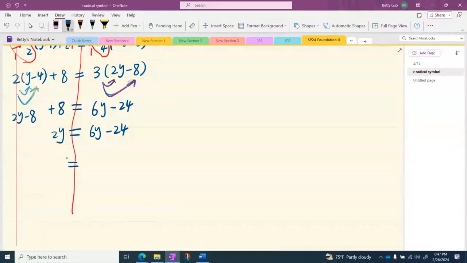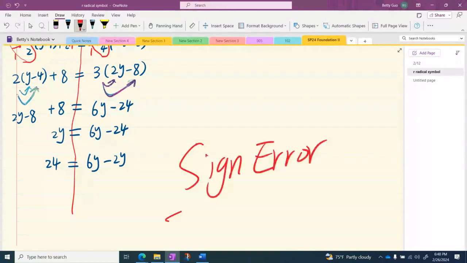The reason is because I foresee if I move 2y over, I would have a positive coefficient for y. If I move the -24 over, I would have a positive constant term on the left. I don't want to handle negative signs. Sign error is a very, very big deal in algebra.